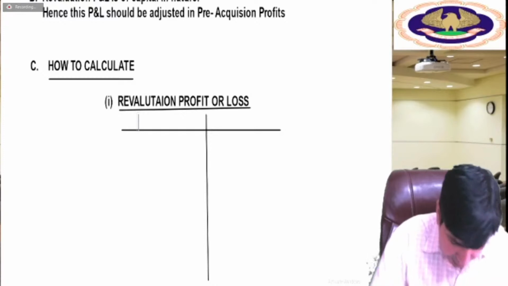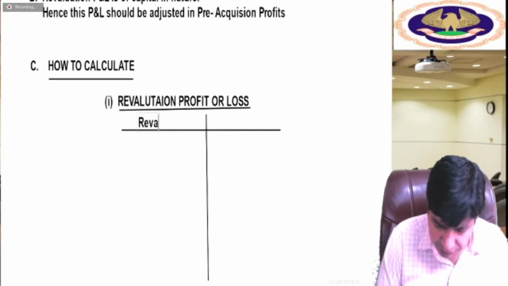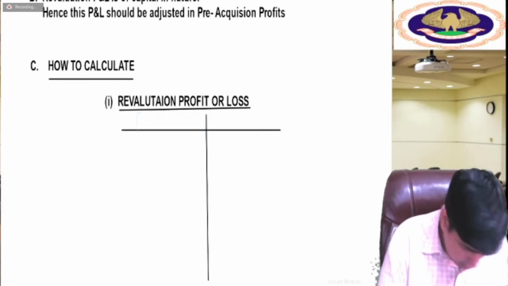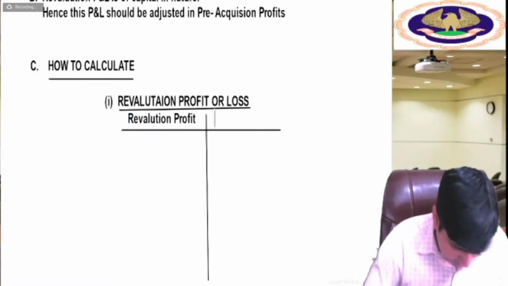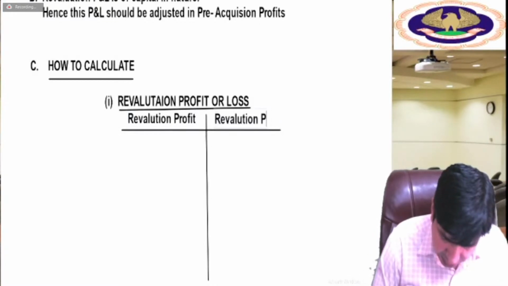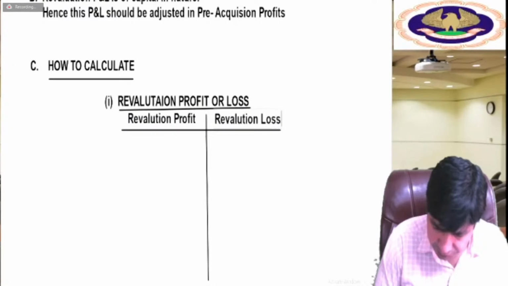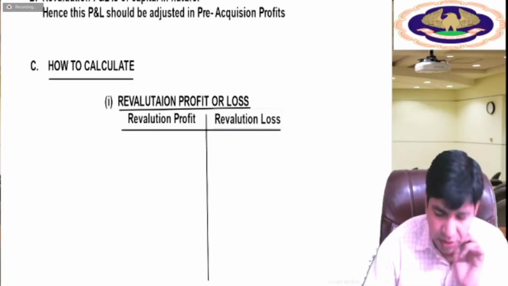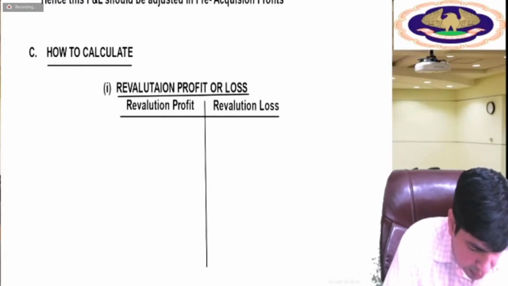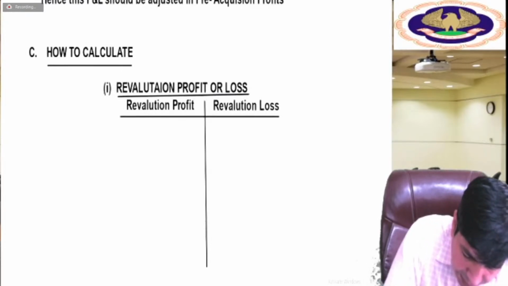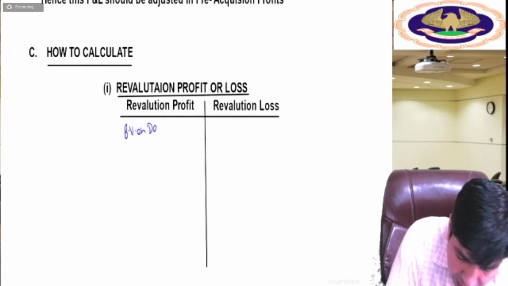So if revaluation profit is there, if revaluation loss is there, okay, beta. Beta, book value, of course, book value on DOA.